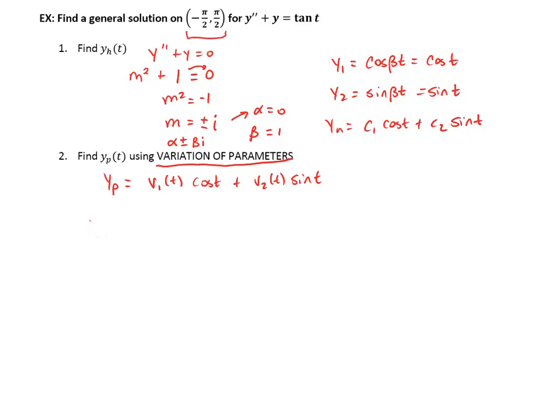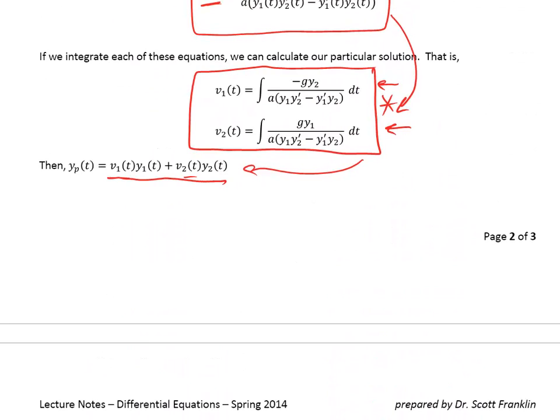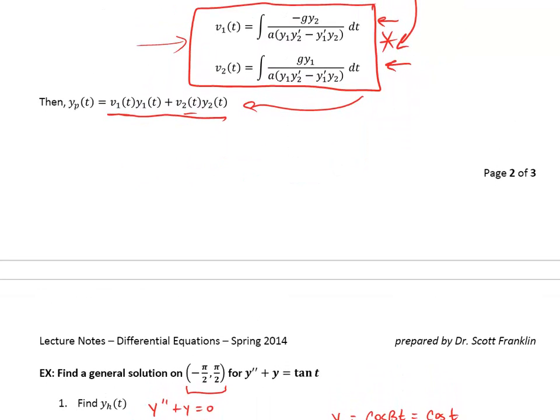So what we know is v1 is the integral of negative g, which is tangent of t, times y2, which is sine of t, divided by y1. Now again, if you want to know where I'm referring to, I'm using these formulas right here in this box. So now I need my a, which is 1, times y1, y2 prime.